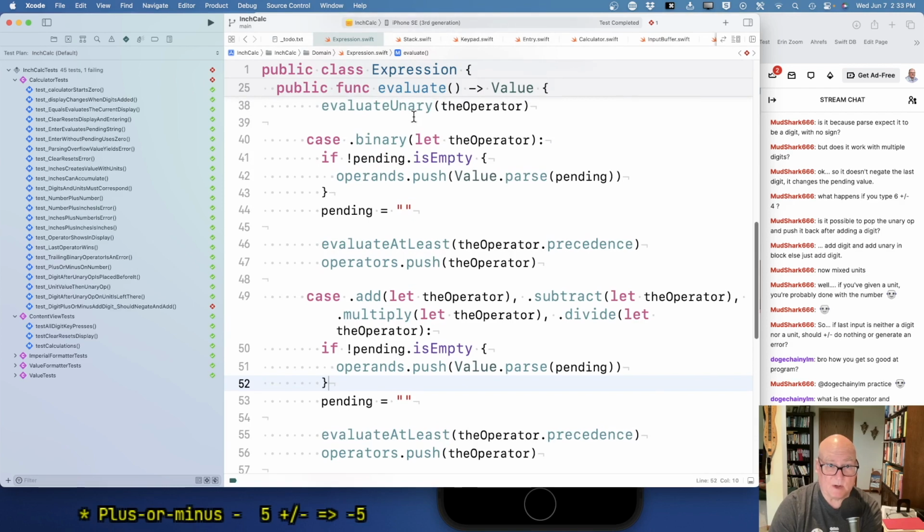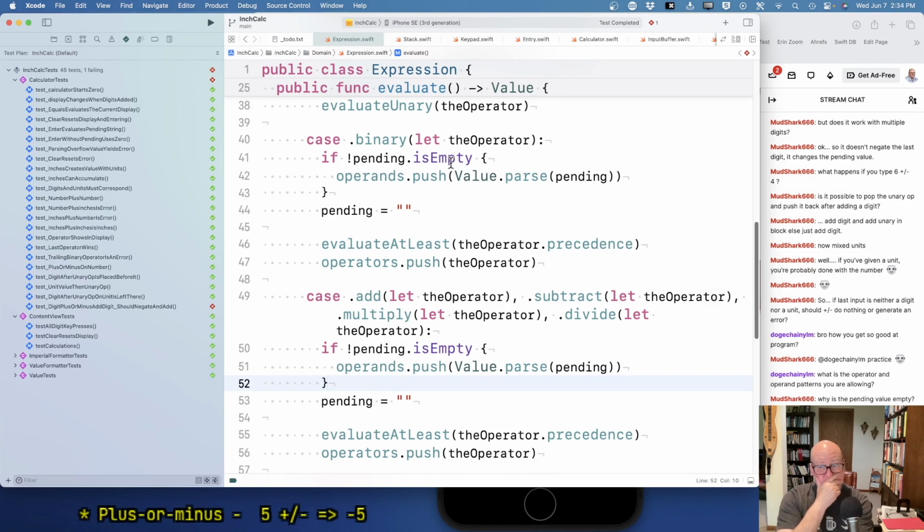And in our case, we actually processed it when we got the unary op. No, it's pending is digits we've accumulated as input without any operations yet. So if it was 42 plus 7, we'd get 4, 2, and we'd see the plus and say, oh, I see you're done entering your operand. Let's push the values, form them into a value and push them.